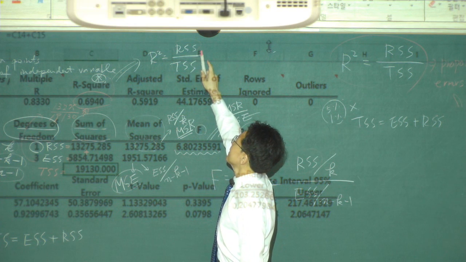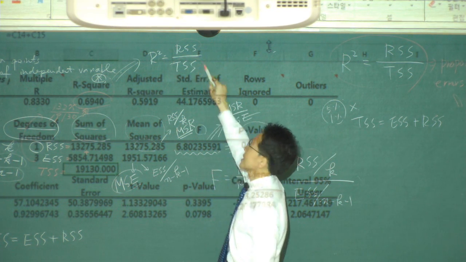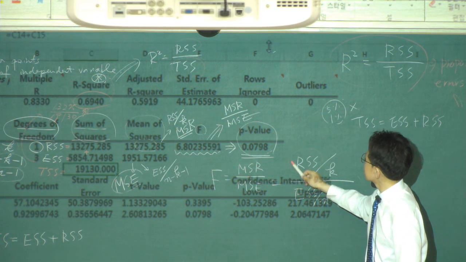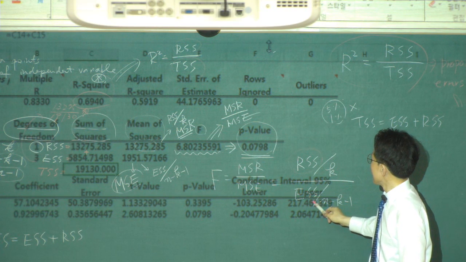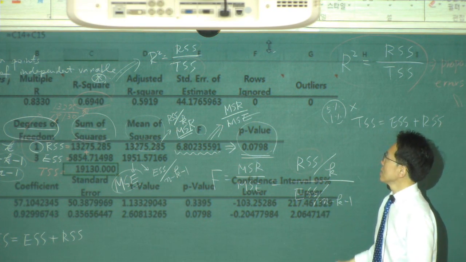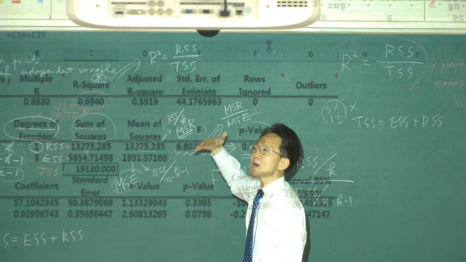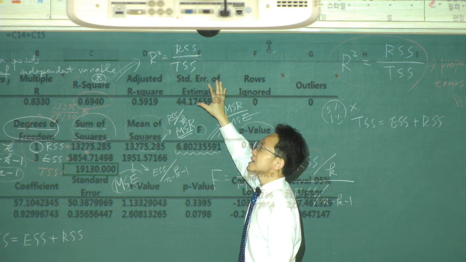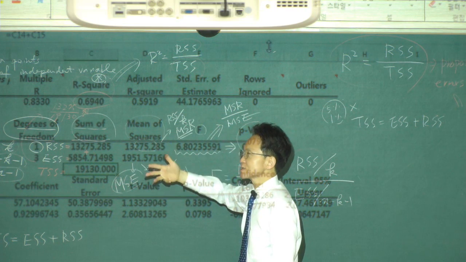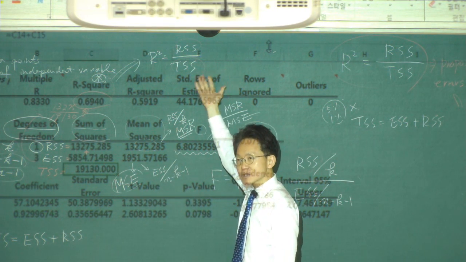For R square, we divide this RSS, the regression sum of squares, by the total errors, whereas for the F statistic, we divide this regression sum of squares by the error sum of squares. So this is about how much of the total errors I can explain with my regression model. That's what R square measures.